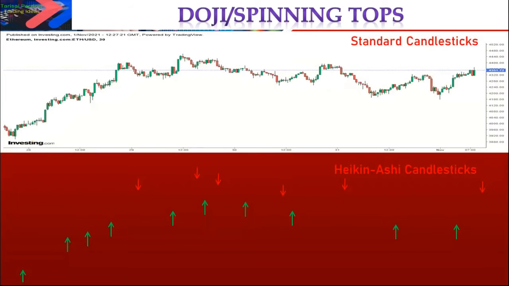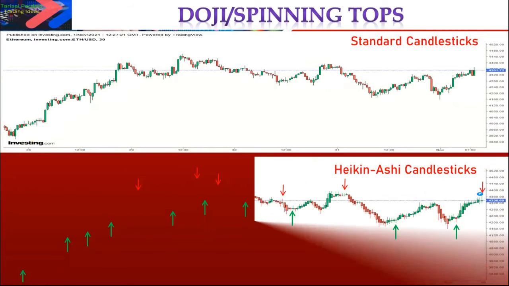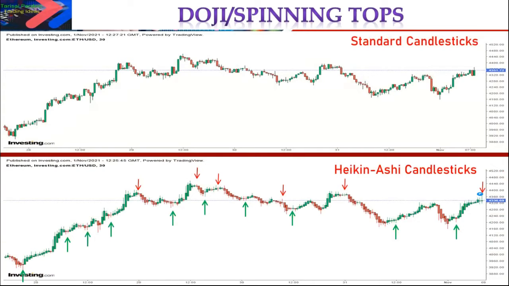This can also be seen in various other financial instruments, and here we see that on Ethereum, during this first part of the chart, the standard candlesticks, the color again, here you could see that the green looks like it's dominating, but it's not very clear.